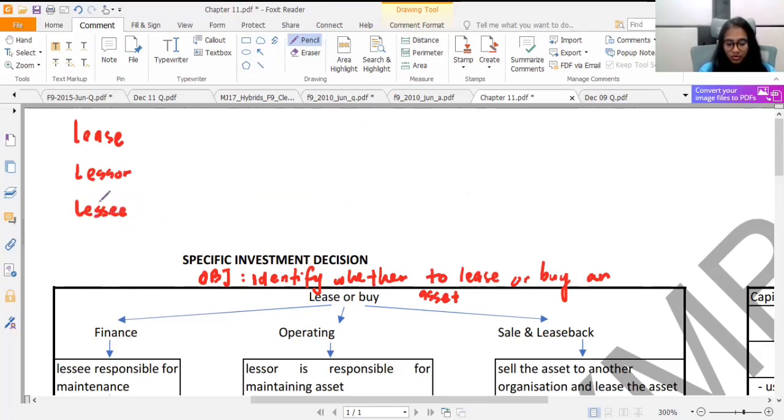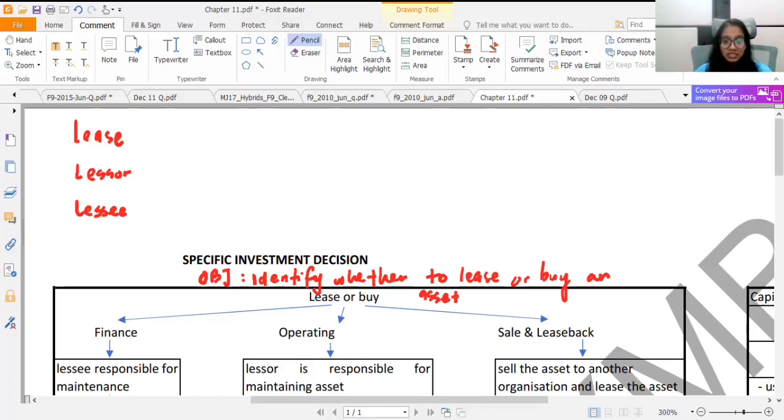Besides that, I also want you to know information such as what the attraction of using a lease rather than a buy is, and what the attraction is for a lessee and a lessor in terms of taxation when it comes to a lease or buy decision. So these are the kind of things that we need to be aware of.